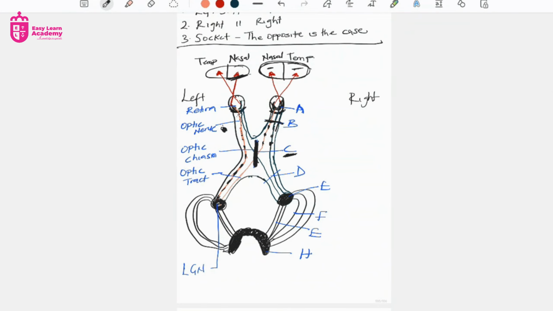This side is not affected. There's nothing wrong here. Okay, so that's gone. And this one too, can you see me draw lines on it? It's not affected. It's gone past because there's no lesion there. And it ends here. So it means these two are not affected.